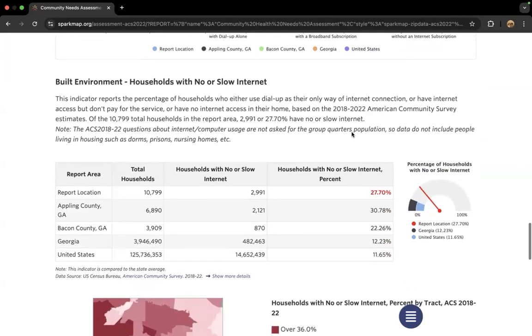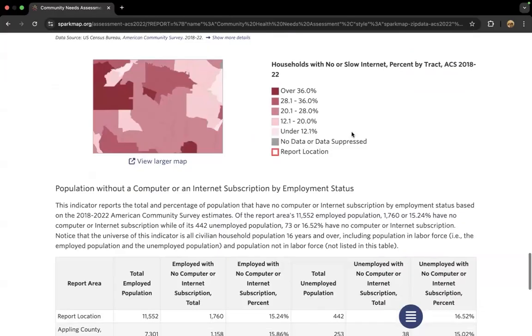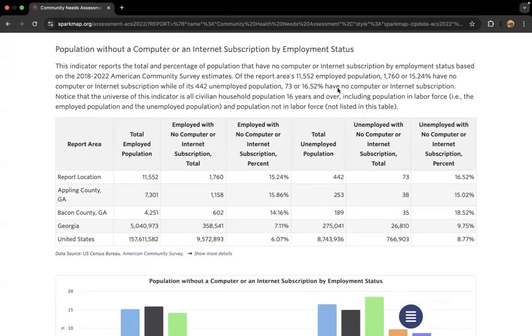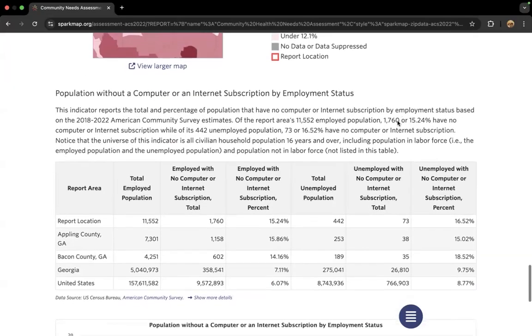We are also down here with households with no or slow internet, able to look at computer or internet subscription by employment status. And so, if our number of unemployed folks without internet is really high, or our percentage is really high, and in these cases it is for both of those counties, this might be an area of concern because a lot of our job applications now are online.